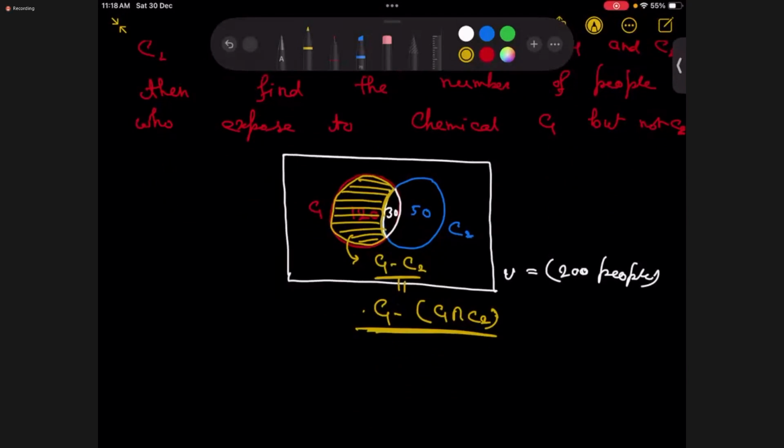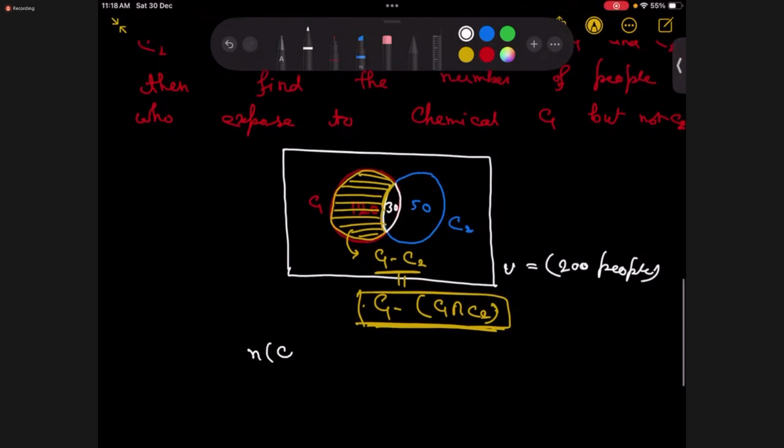Now if you understand this statement, then the answer becomes easy, because we just need to find the number of C1 minus the number of C1 intersection C2. Clearly C1 intersection C2 is a subset of C1.